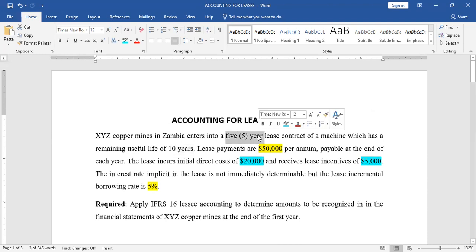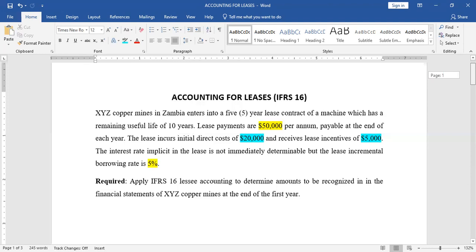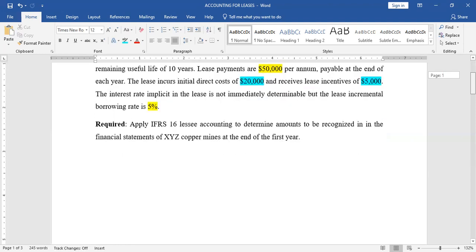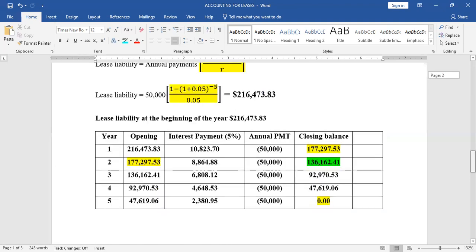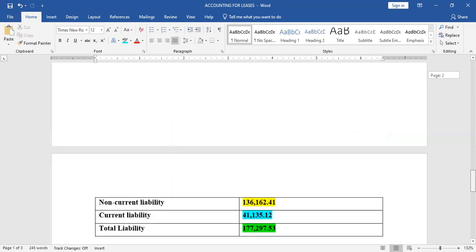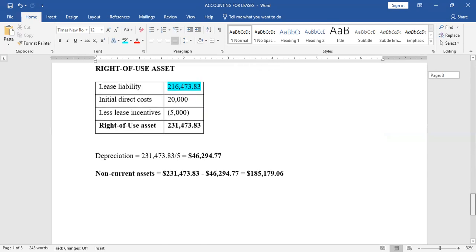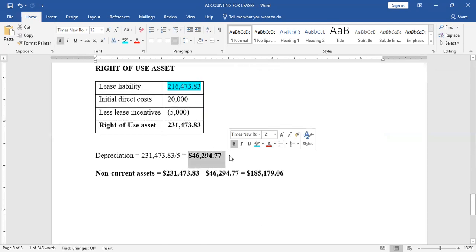So when we are calculating depreciation, we calculate it at 5 years because that's the time that the lessee company will be accounting for this lease. So I pick 5 and not 10. I don't pick the useful life. I pick the life at which we shall use the asset in the organization. And I calculate the depreciation charge to be that.